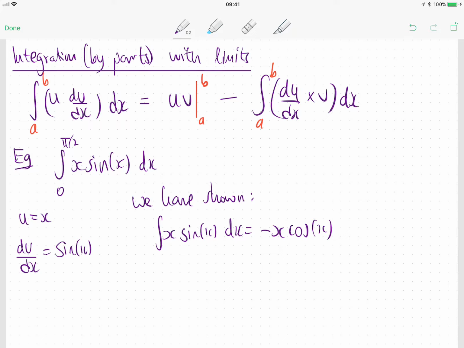Oh yeah, let's just do it. du dx is 1. v is minus cos x. So that's u times v, minus the integral of minus cos x times 1 dx. Okay, so that's the bit we've shown.